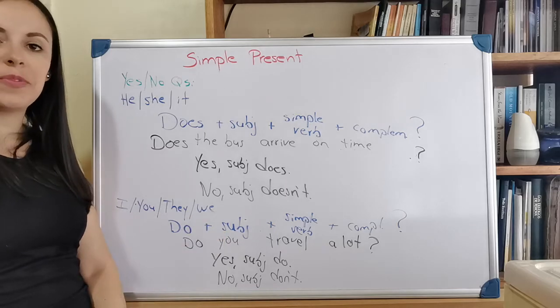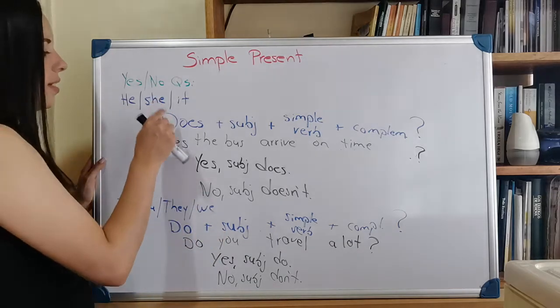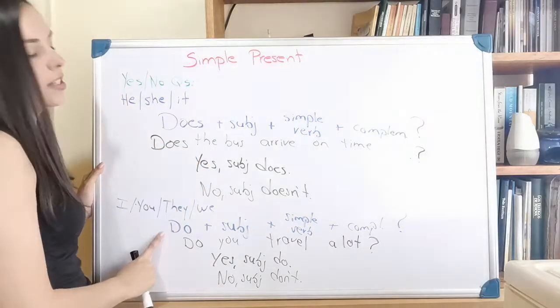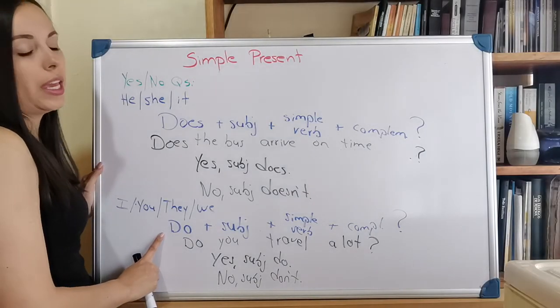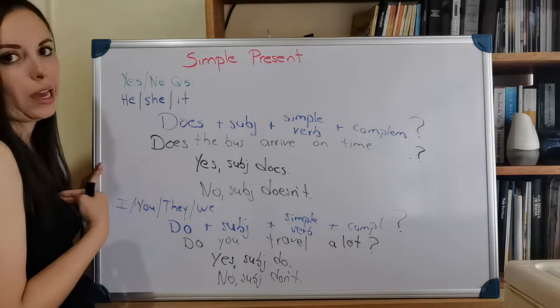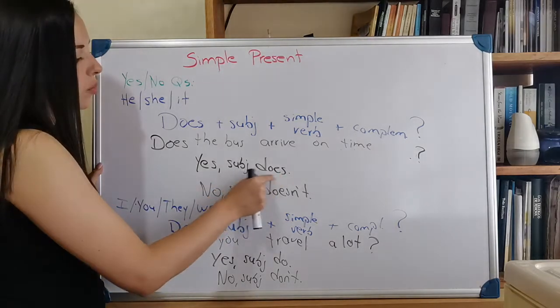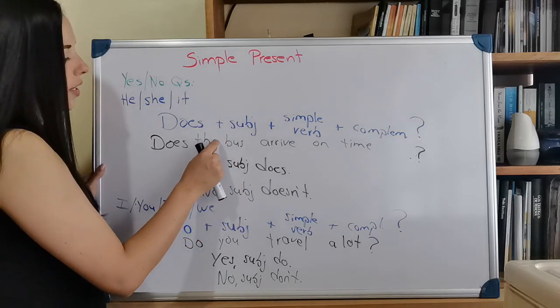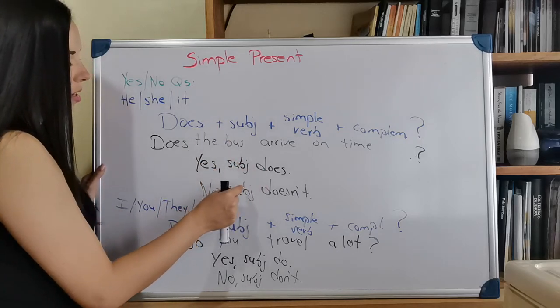And that's it. Okay, so what do you need to remember? Does at the beginning of the question for he, she, and it, and do at the beginning of the question for they, you, we, and I. And in the answer, we use the same subject that we use here. For example, here is an it, so it does.